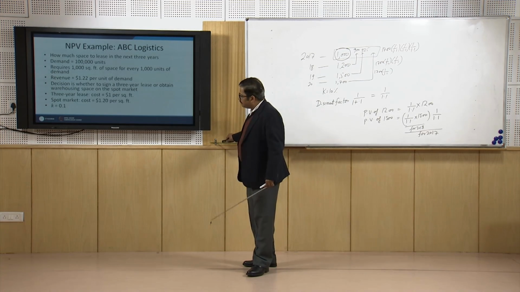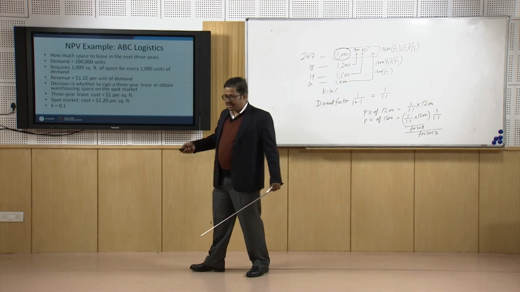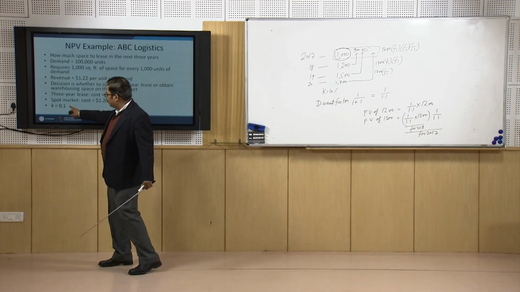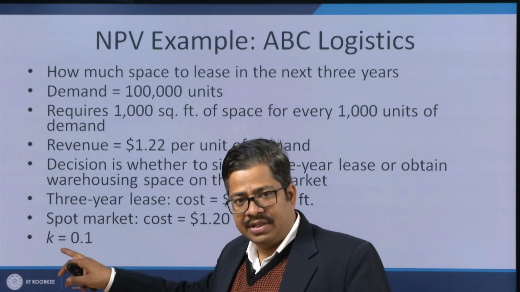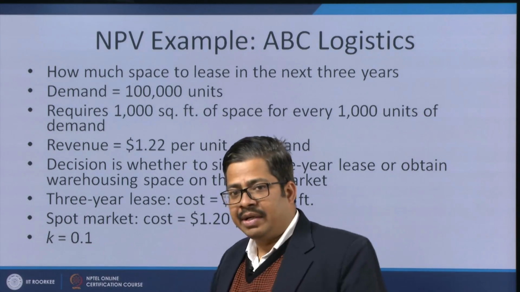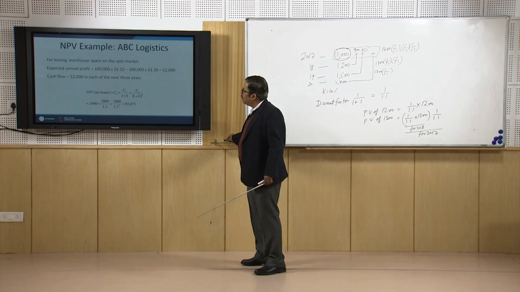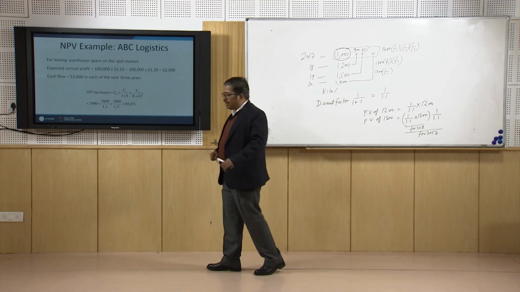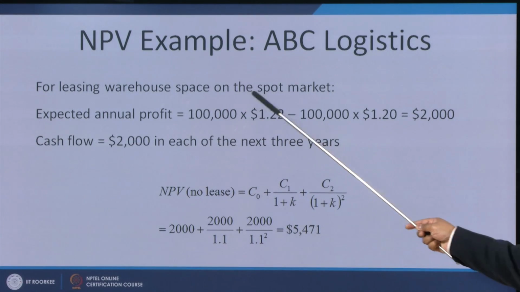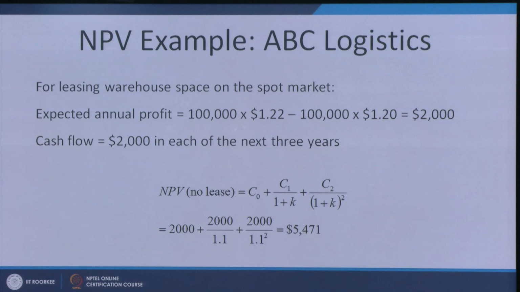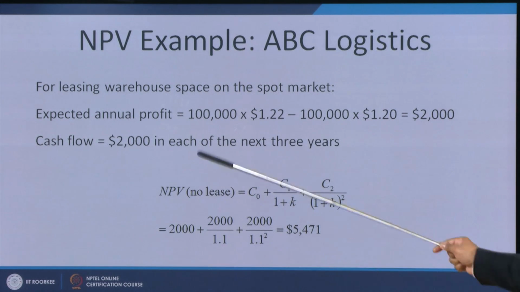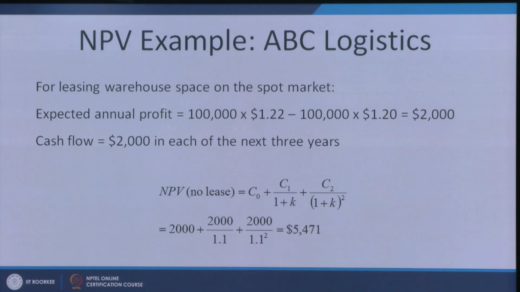Now let us see how to handle this type of question, and the rate of return is 10%. In this case, for leasing warehouse space on the spot market, we want the expected annual profit.